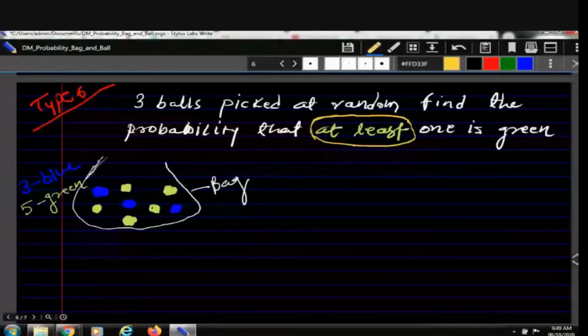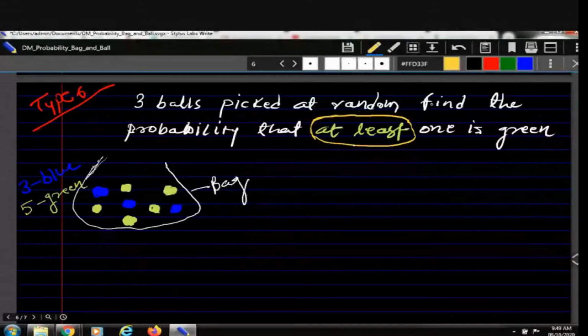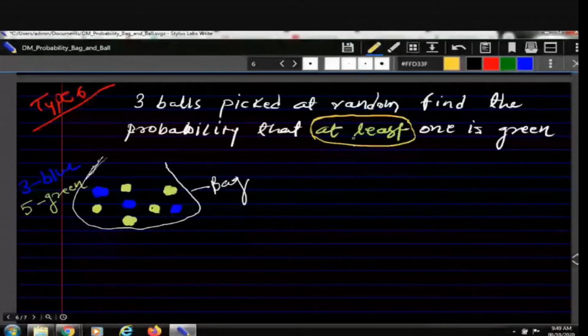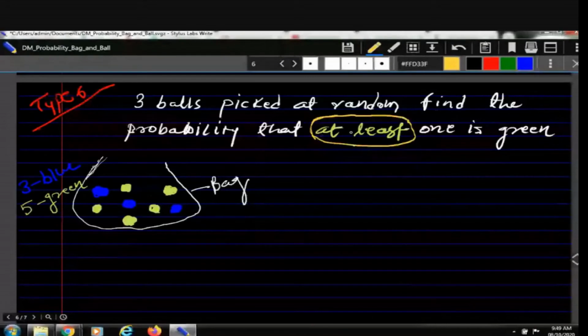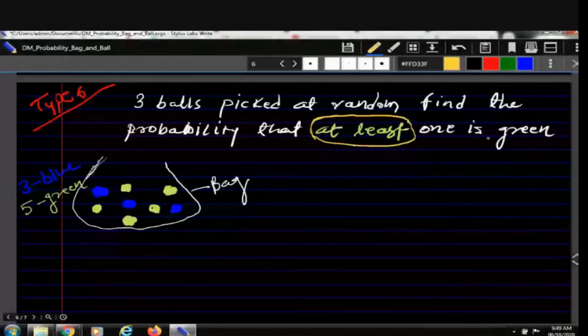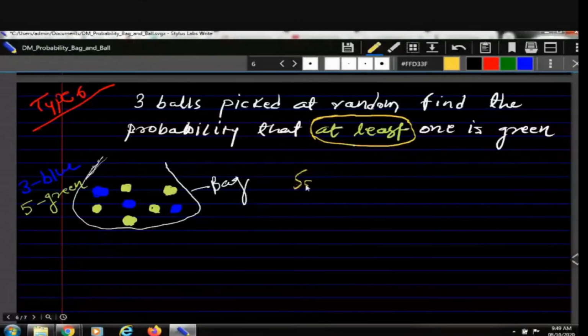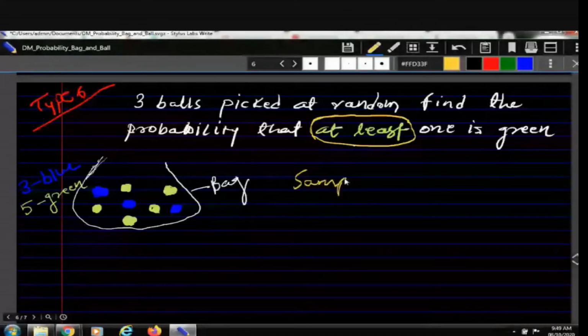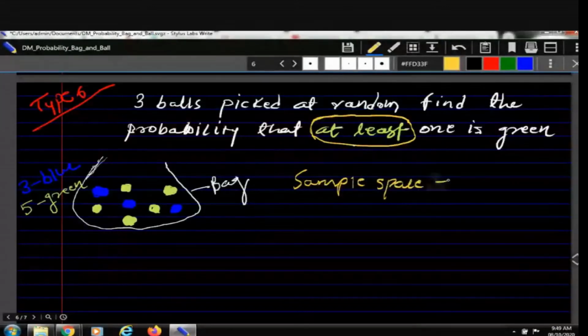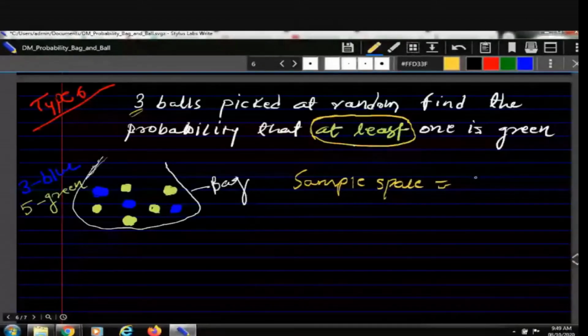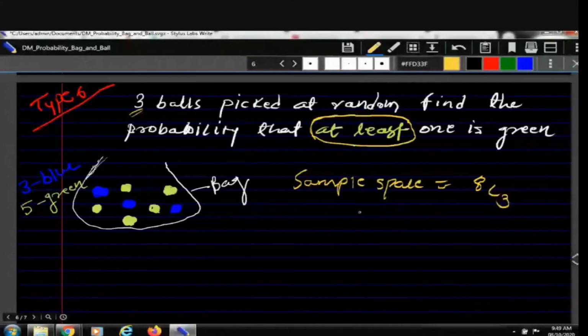Three balls are picked at random, find the probability that at least one is green. Okay, so just write the sample space here. The sample space is equal to what? You have to select three balls out of 8. So it will be 8C3.